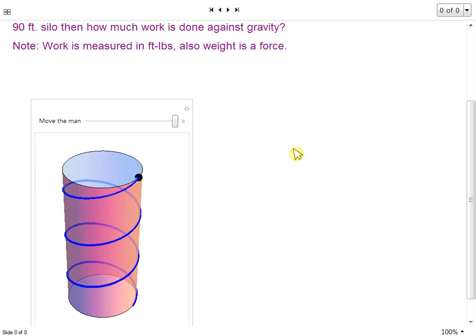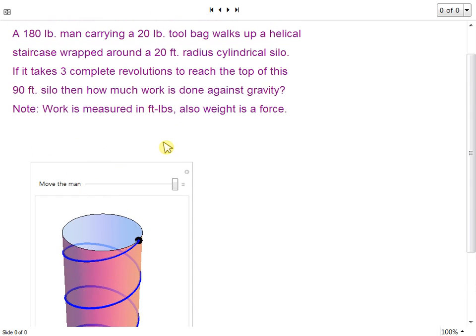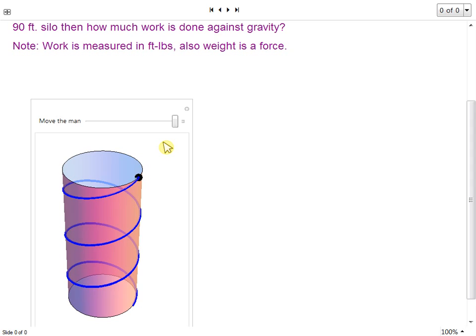Okay, so you've got your man starting out at the bottom there, walking up around this silo in this spirally looking thing, right? We want to know how much work is done moving that guy up against gravity. Now, do we have a vector field? Gravity, right?